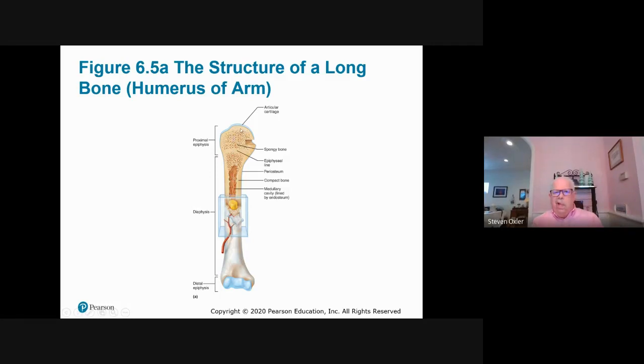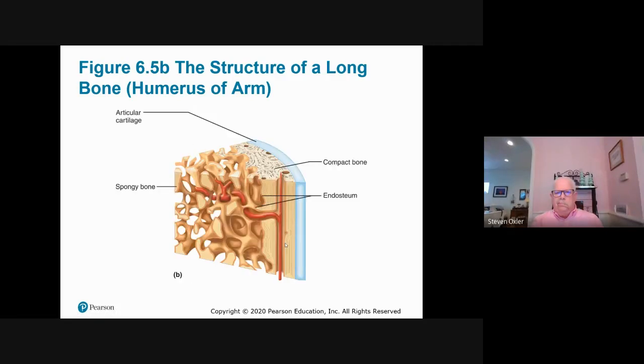At each epiphysis is articular cartilage, and that articular cartilage is always hyaline cartilage. Know those words, please. Very important.